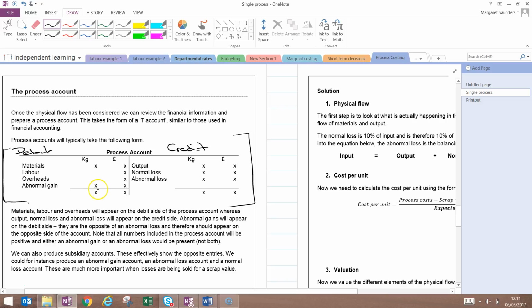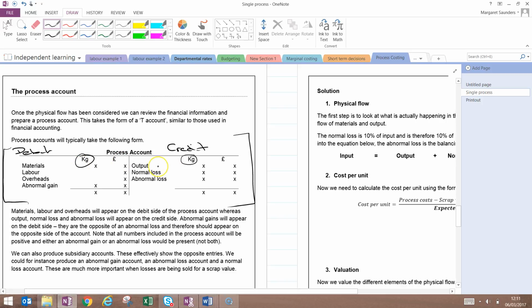You will notice also that this process account is unusual to the T accounts you are familiar with because we have two columns. One is for the values and the other is for the quantities. And these quantities will be the quantities that you have put into your physical flow that we looked at in an earlier recording.